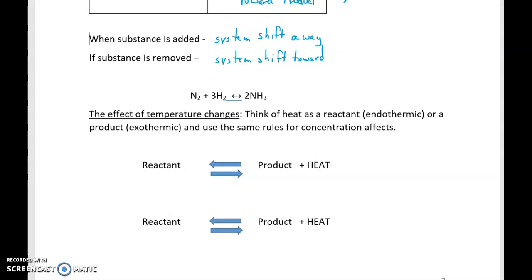So if we add heat, we will shift back toward the reactants. If we remove heat, we will shift toward the products.